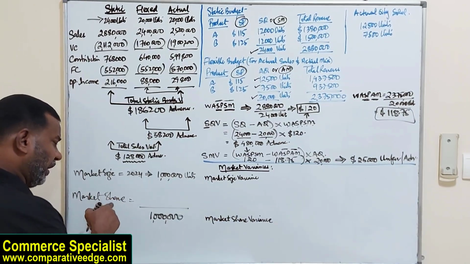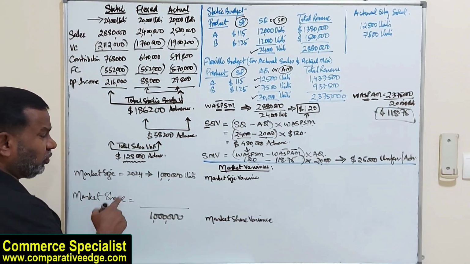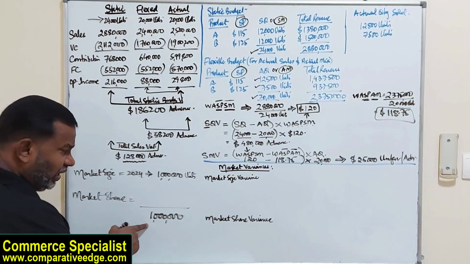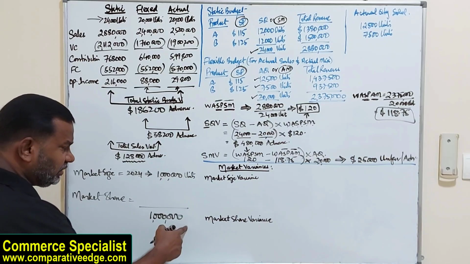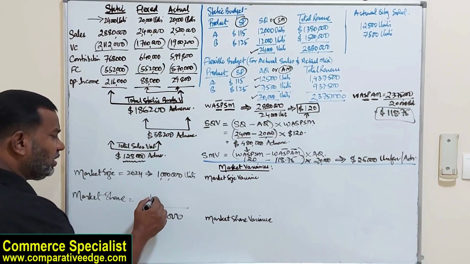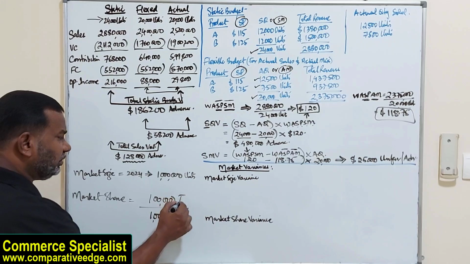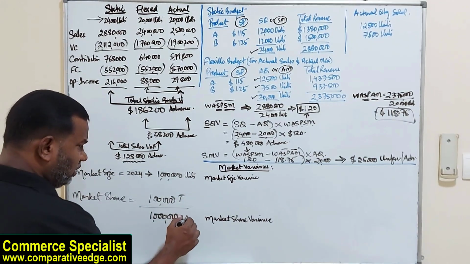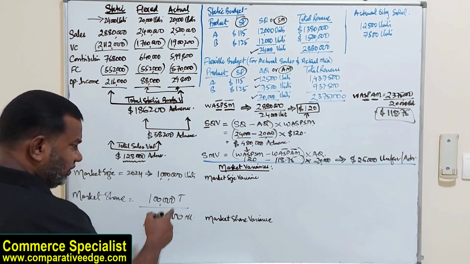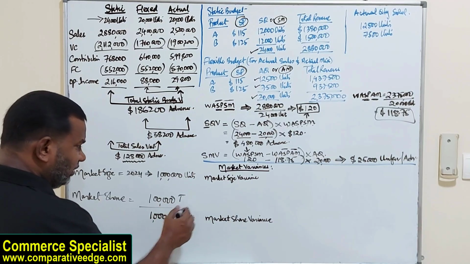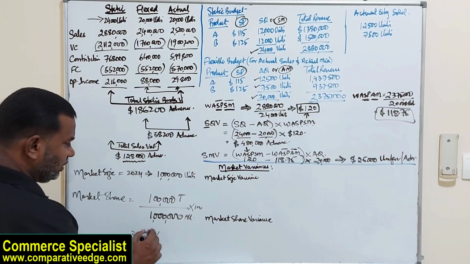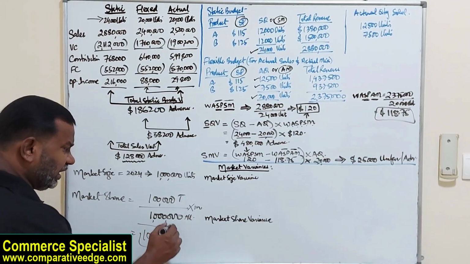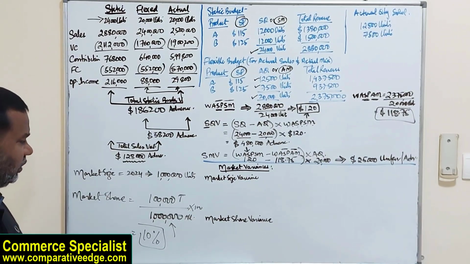And if you're trying to find out market share of Toyota, so let's say in this 1 million cars, which are of different brands, different makes, 100,000 cars were Toyotas. So this is all the cars sold, and this is Toyotas out of all the cars. If you multiply by 100, you get 10%, which means in the total sales, Toyota's market share is 10%.